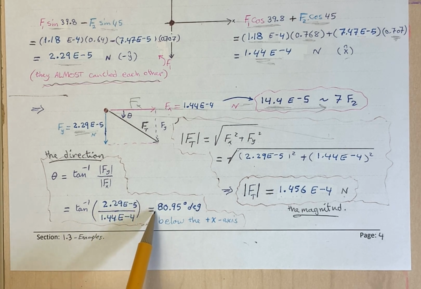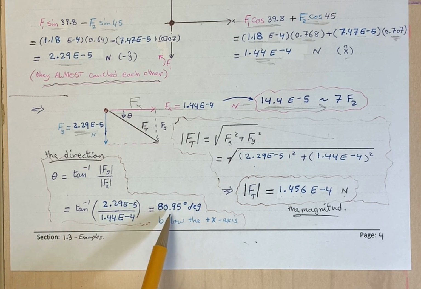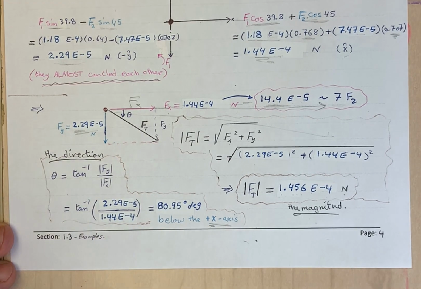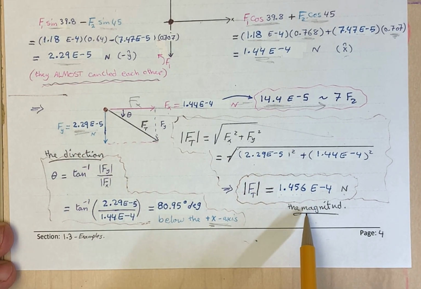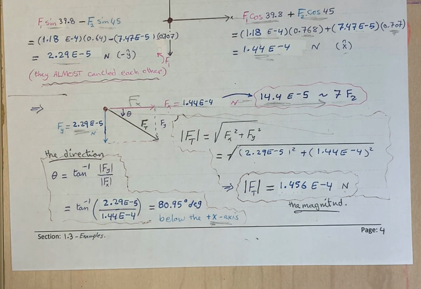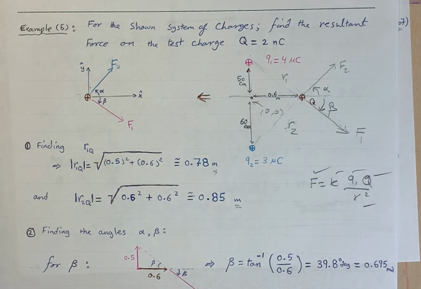It will be 80.95 degrees, almost 81 degrees. This is the direction, and this angle is taken below the x-axis. In this case, we found the magnitude and the direction of the resultant force in two dimensions.